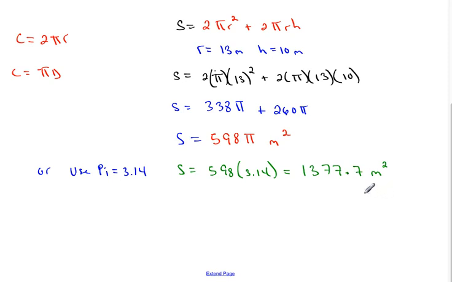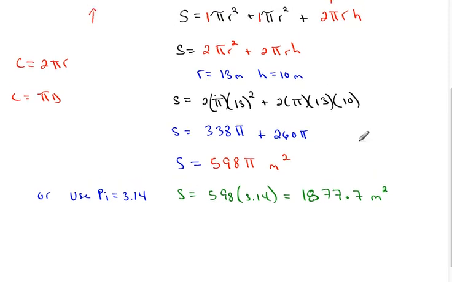Let's get some verification on that. Oops, sorry, this is 1,877.7 meters squared. And that is the surface area of a cylinder.